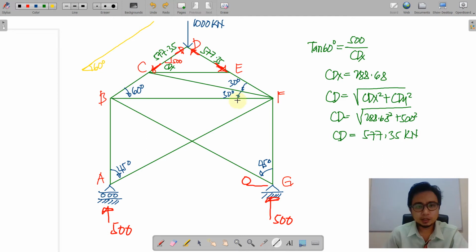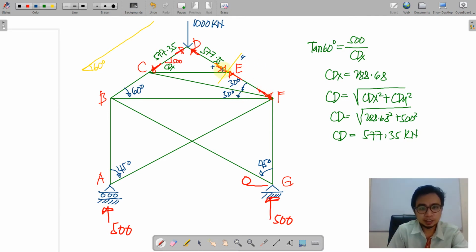One of the techniques in the method of joints, remember, is that sometimes we need to rotate the axis according to the forces. If we rotate the axis at joint E, coinciding our x-axis with the slope of this member, CE has no other force to counter it, because DE will just be countered by EF.